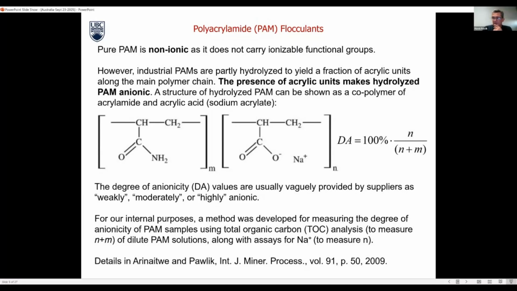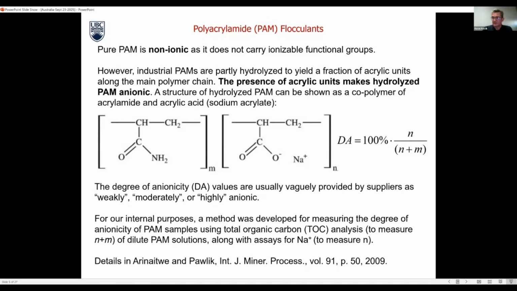The block structure of a polymer can be shown as a copolymer of acrylamide and acrylic acid. Acrylamide is on the left, and the acrylic units are shown on the right. Depending on the ratio of how many of those there are, the polymers can be more or less anionic, and then we can define the degree of anionicity of a polymer as the ratio of the number of acrylic units in the chain to the total number of units in the polymer.